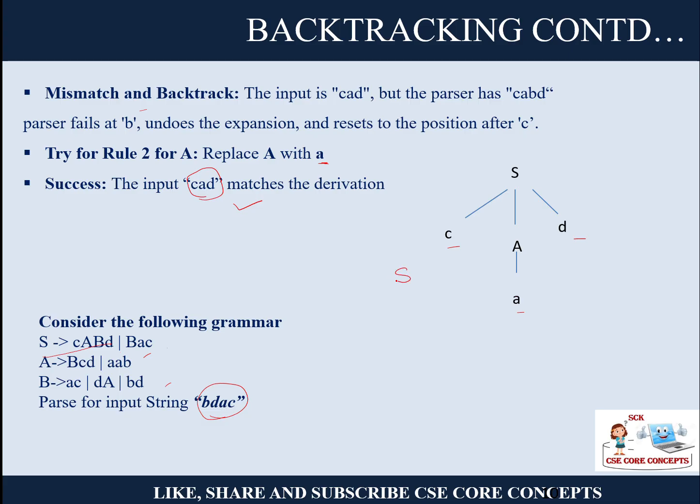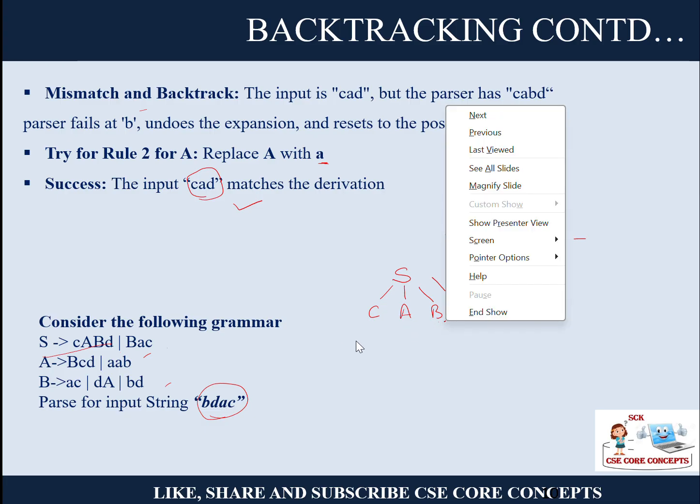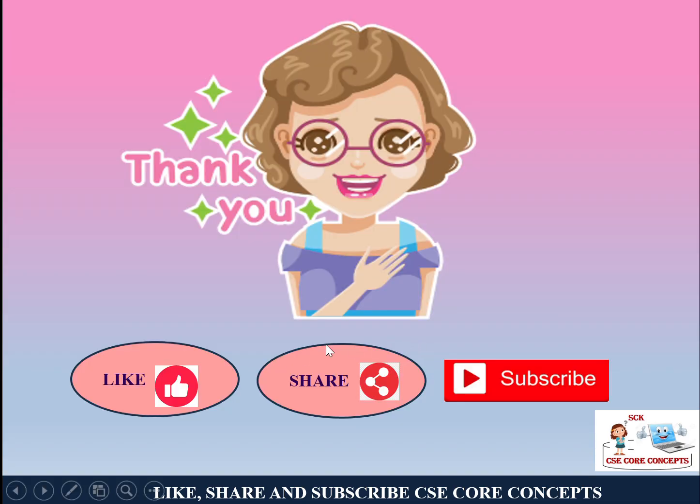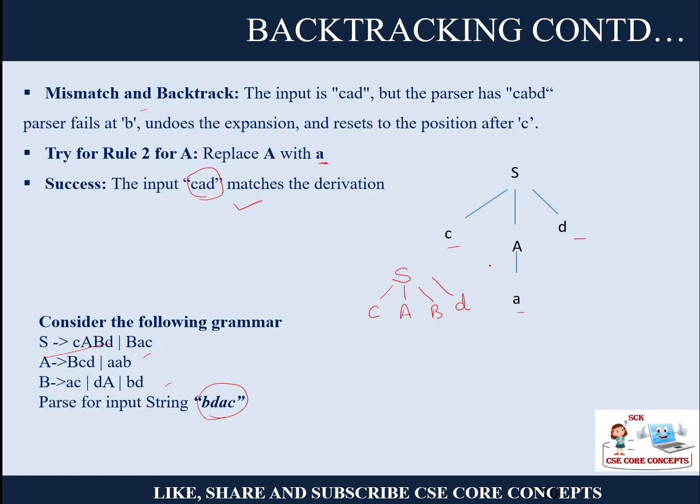So how are you going to start with your S, that is the start symbol, and keep on trying with the first rule, let's say CABD. Now we have to do recursive expansion, that is these non-terminals have to be expanded. Now which rule? Again A has multiple rules and B has multiple rules, so which one you are going to apply, we don't know.